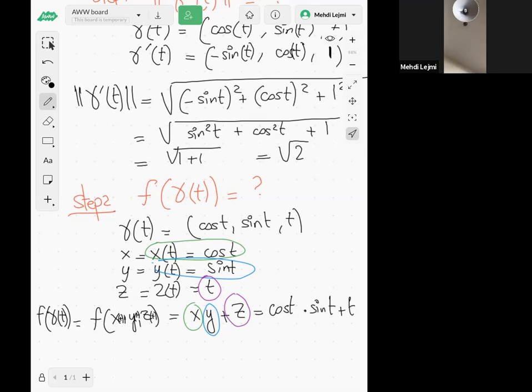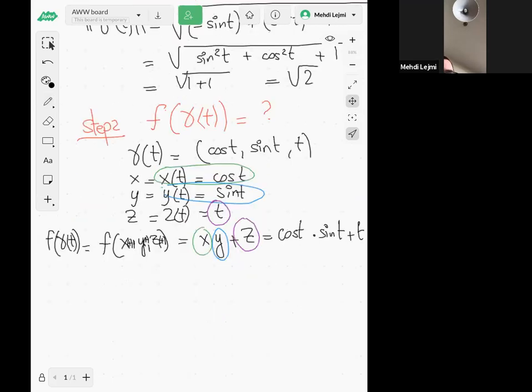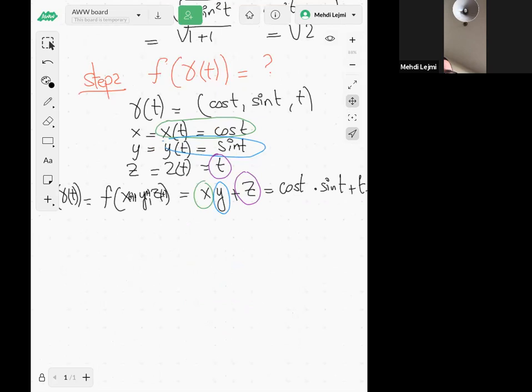And then the last step, we can now integrate. Step 3, we have all the ingredients to integrate f along the curve gamma. So this is my step number 3.